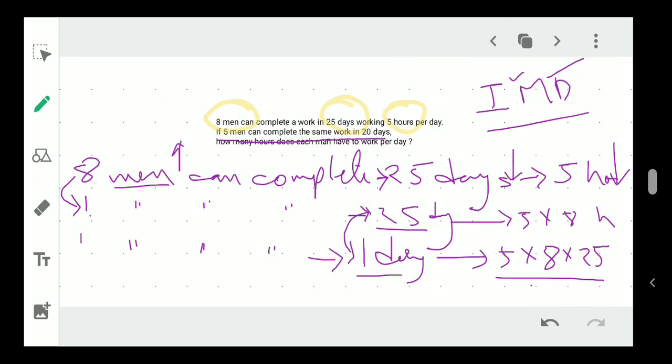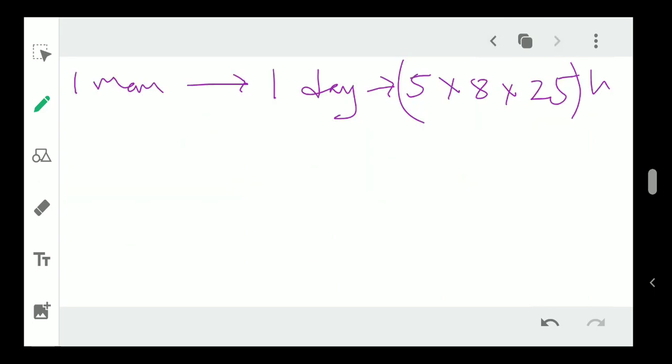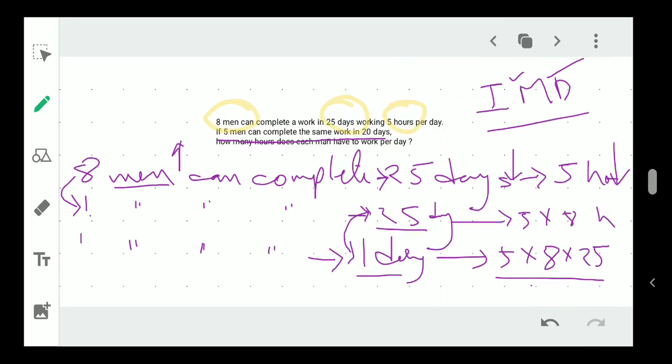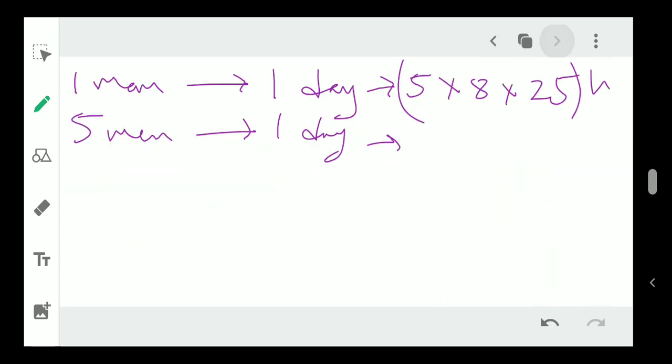Now for 5 men, if 5 men are working for 1 day, the last operation is division. When I am coming from 1, I have to divide. So 5 into 8 into 25 will be the same, divided by 5.